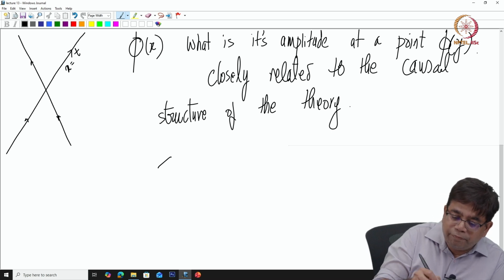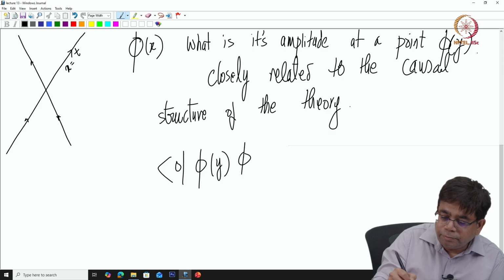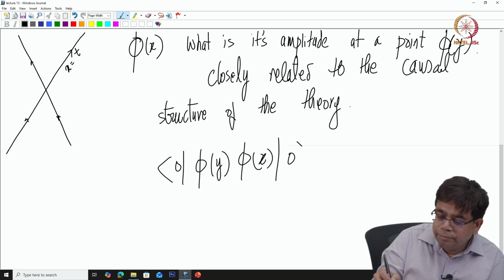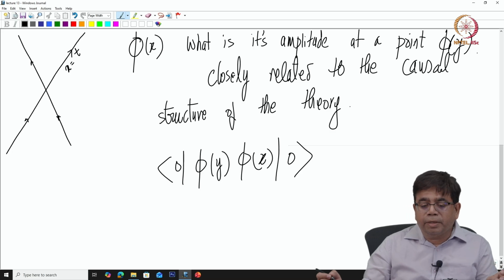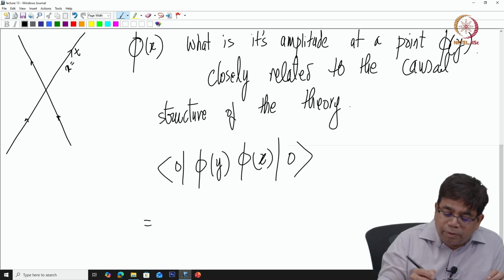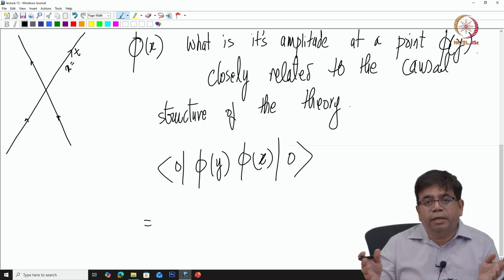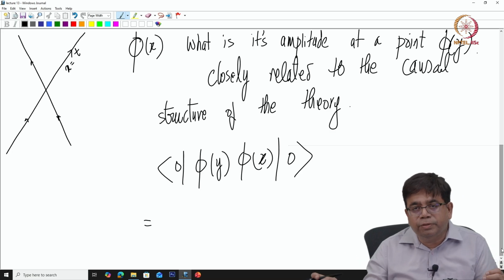So, we will just define the vacuum expectation of phi x phi y essentially, and then you can compute it, because now you have written it in terms of A dagger products, which we have known in the modes essentially.